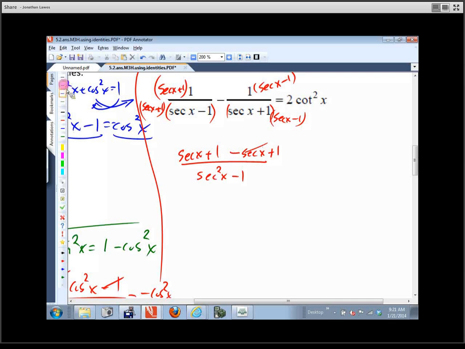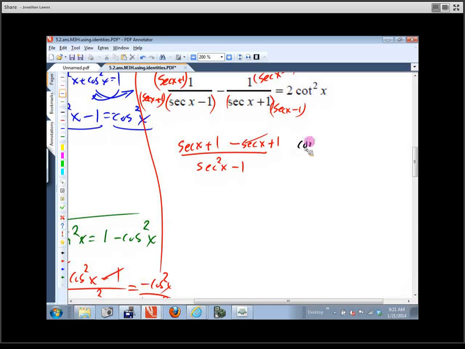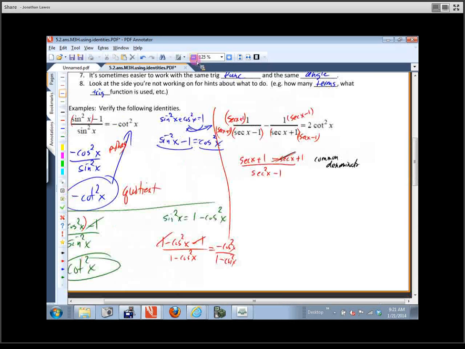We probably ought to add a rationale here. Okay, we got a common denominator. And then I'm going to cross those two off. Good. So this gives me a 2 on the top and a secant squared x minus 1 on the bottom.